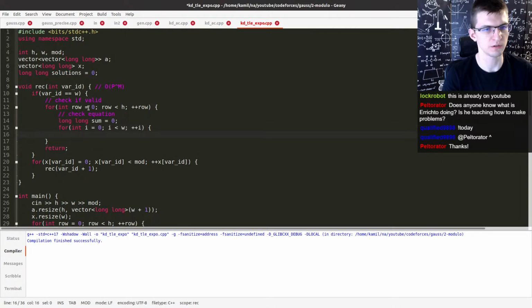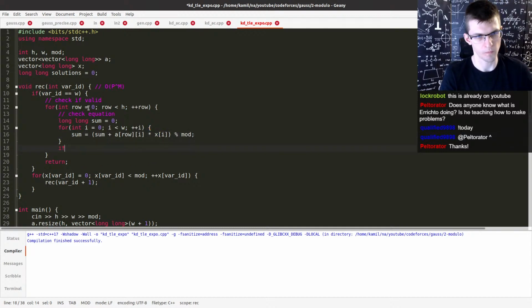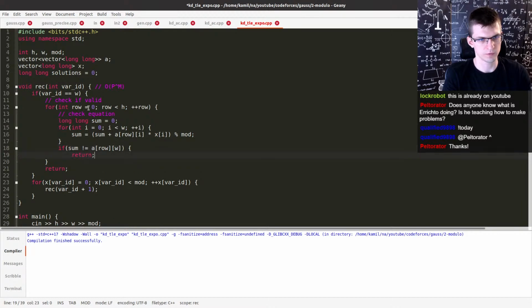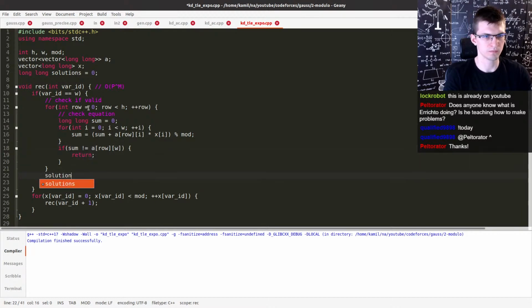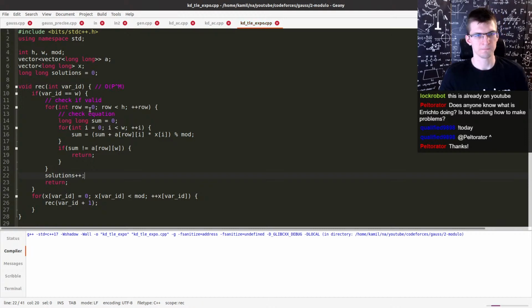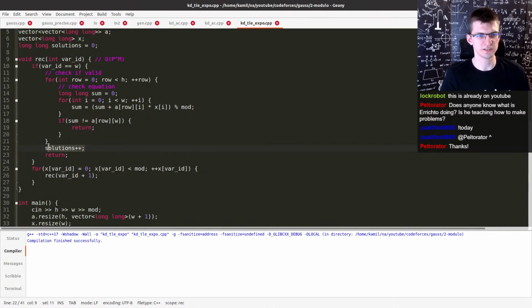For every variable, take a of row i, so the multiplier, with this variable. If the sum is different than the last element, return. Then here it means that we checked all equations and we have equality everywhere.